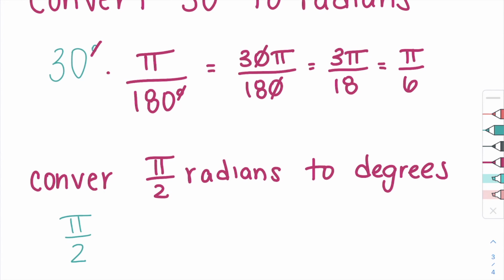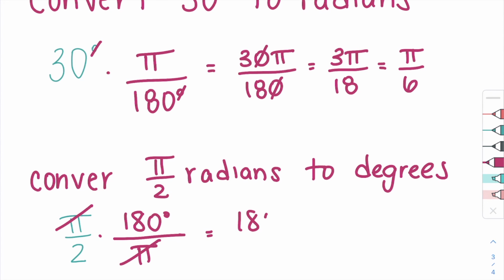So I'm going to multiply by 180 degrees over pi, because then I have a pi in my numerator, I have a pi in my denominator, they're going to cancel out and go away. And I'm left with 180 degrees over 2, which is just 90 degrees.